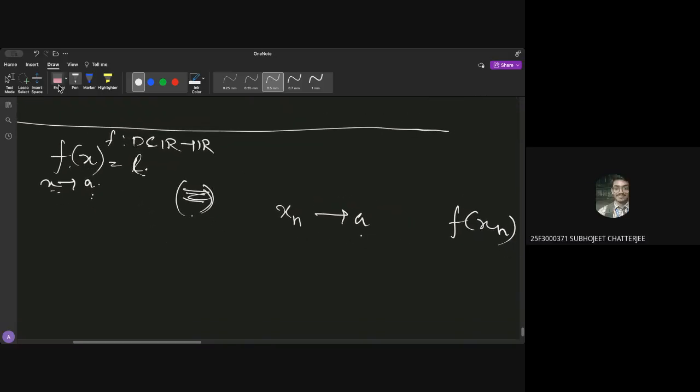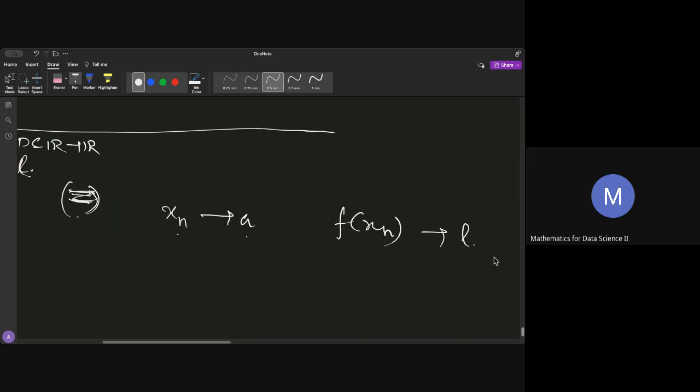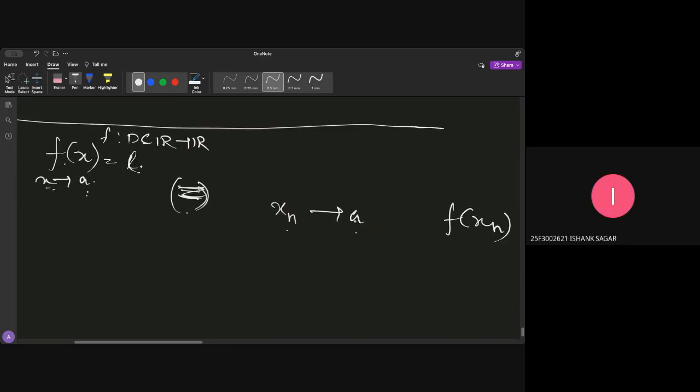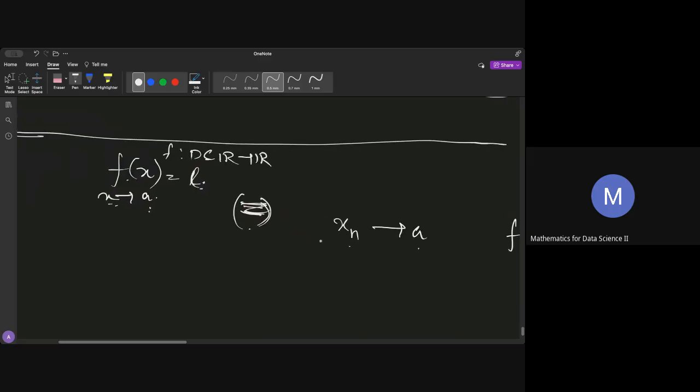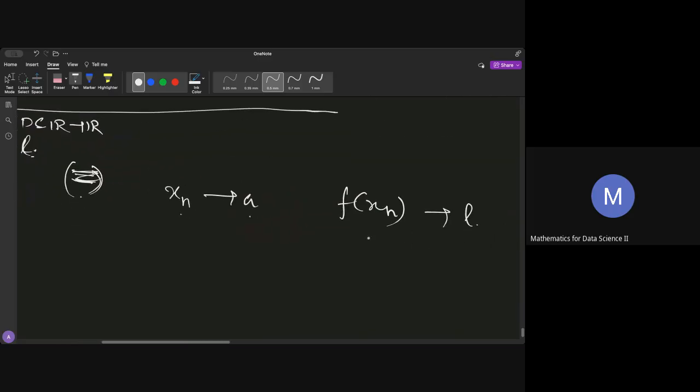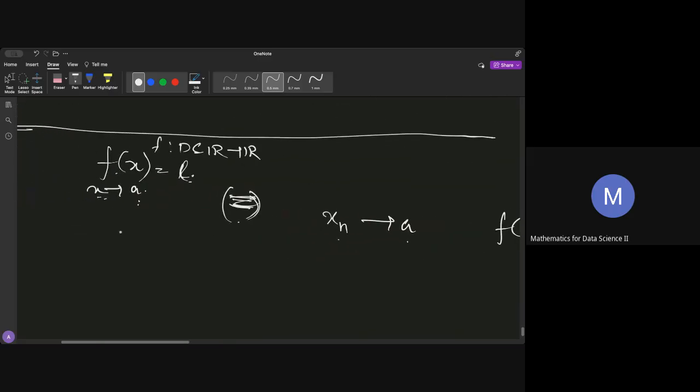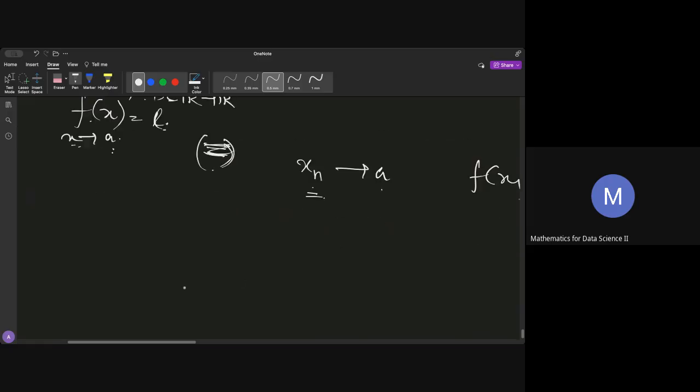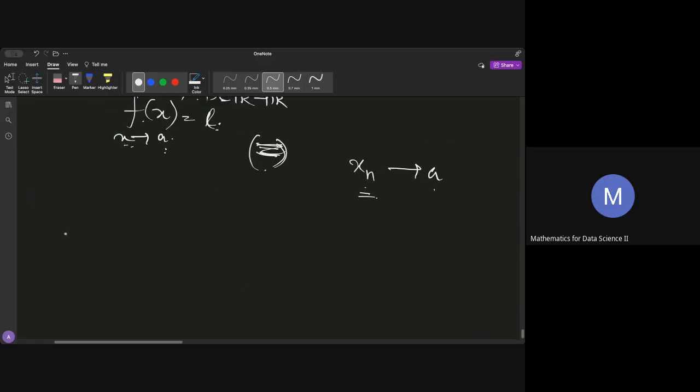So if I say that f(x) tends to L, then the other way of saying it is that whenever I have a sequence that converges to A, then f(xn) should converge to L. It's called the sequential criterion, but you don't need to know the name. You should know this is true. For us to discuss limits, it's very important to see how sequences work as well. We know how sequences look in R. This is how you denote a sequence, xn.